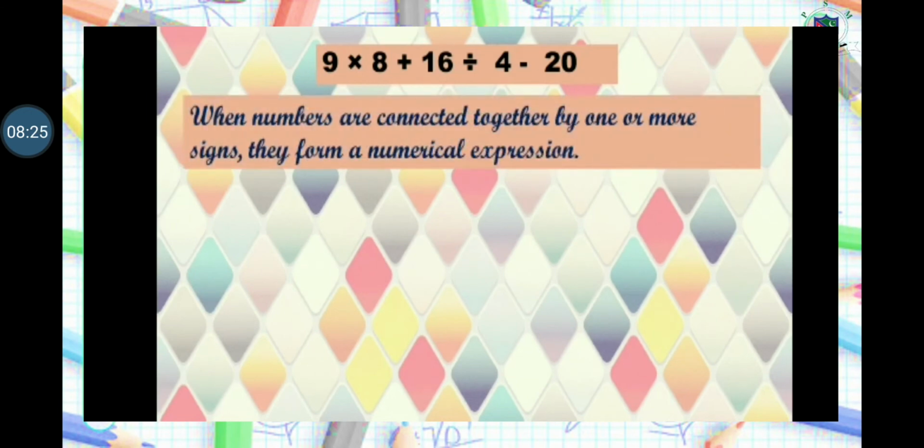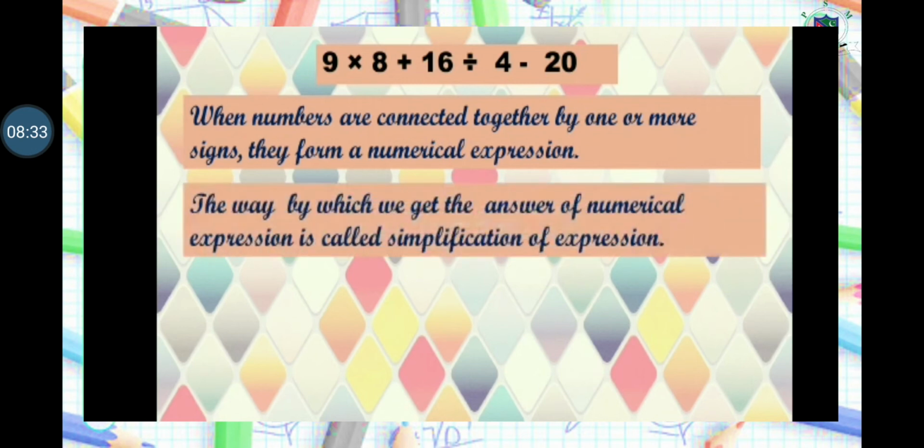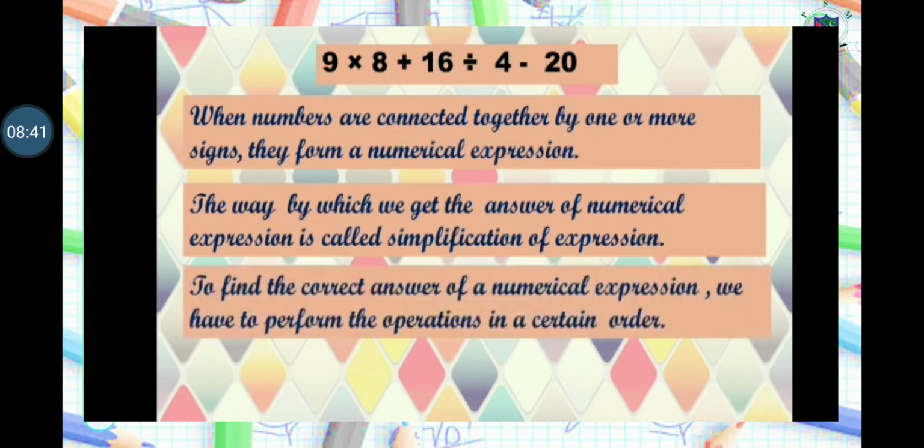Let us learn in detail. Here we have some numbers with all four operations. When numbers are connected together by one or more signs, they form a numerical expression. The way by which we get the answer of a numerical expression is called simplification of these expressions.